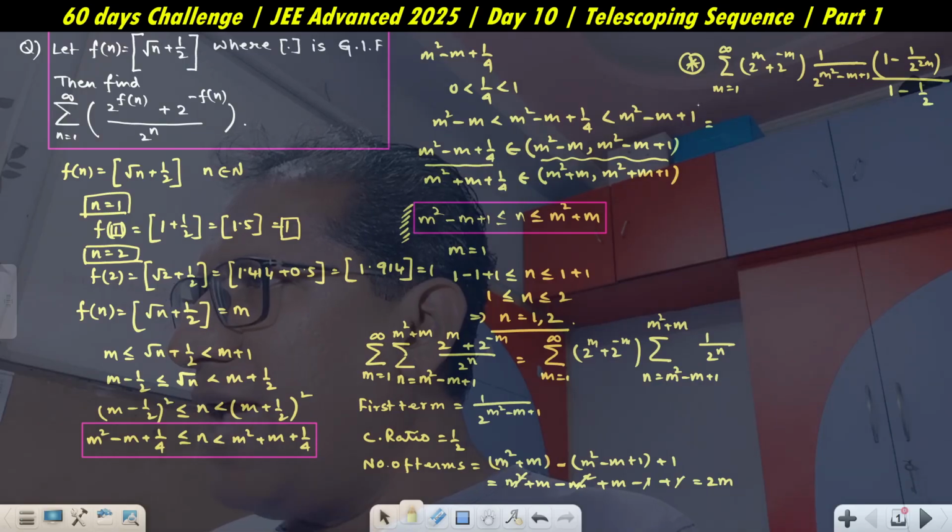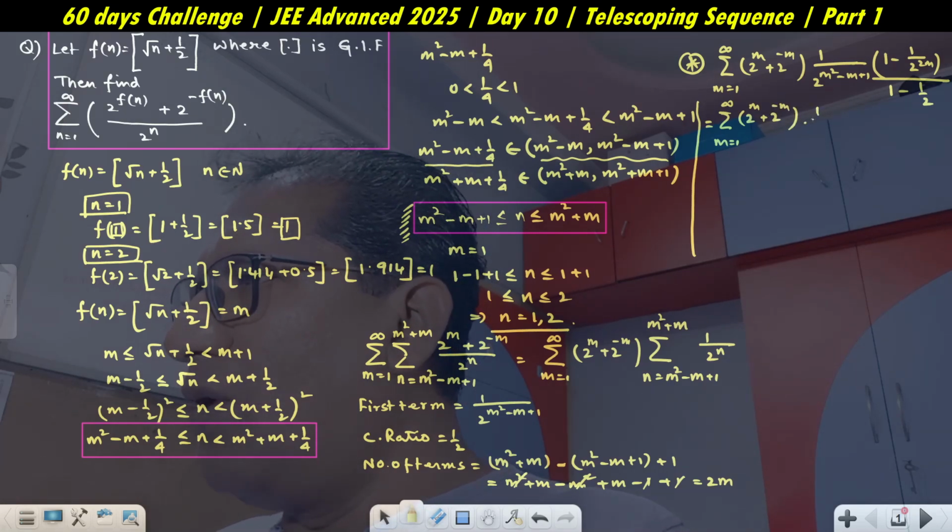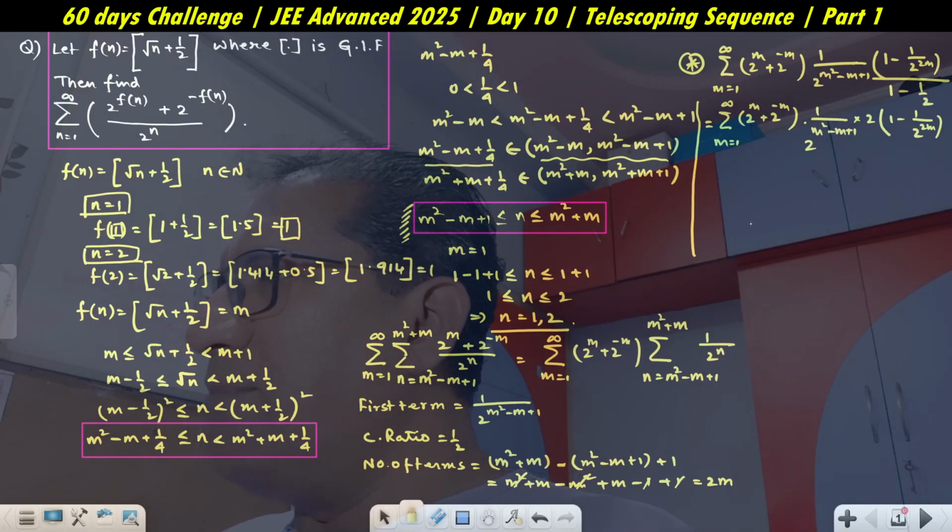So we are actually having 2 to the power m plus 2 to the power minus m into 1 over 2 to the power m square minus m plus 1 into 2 into 1 minus 2 to the power minus 2m. Okay?